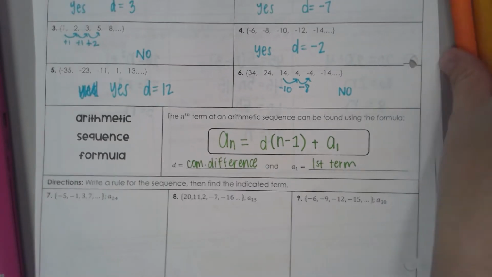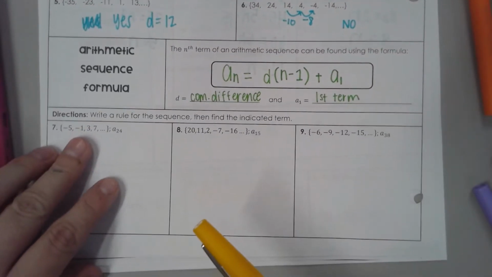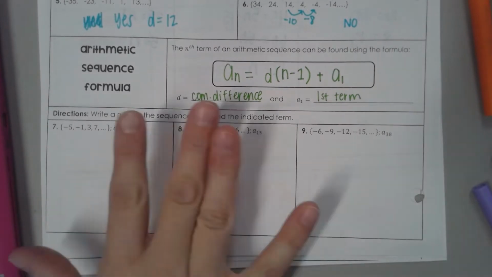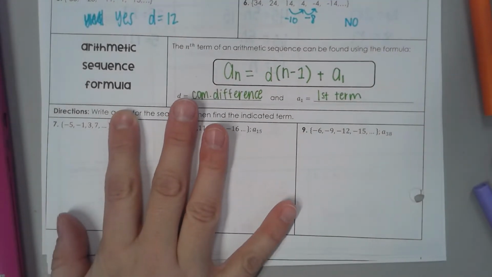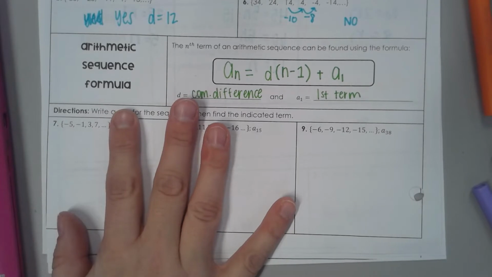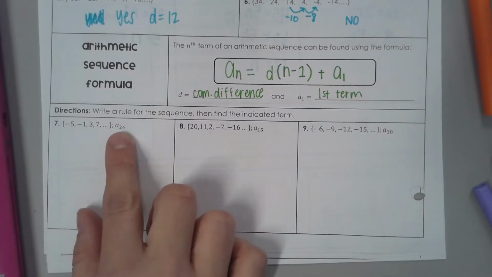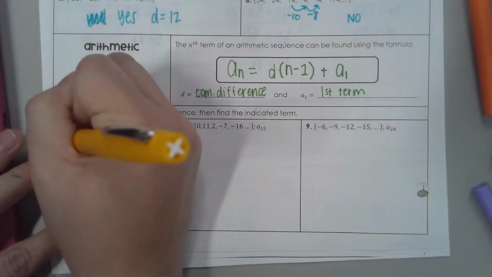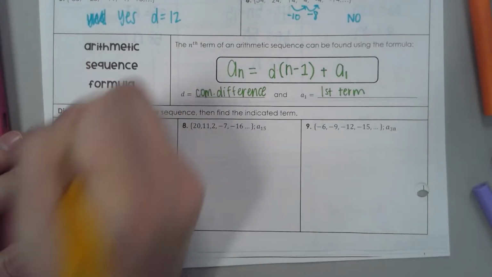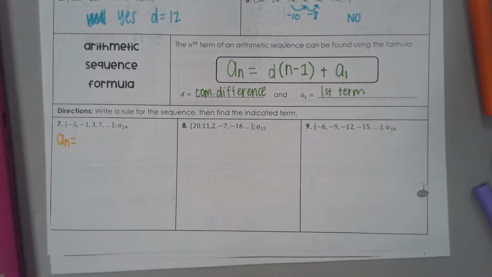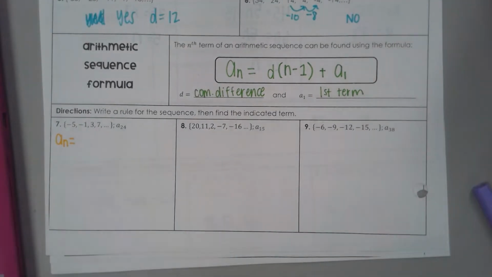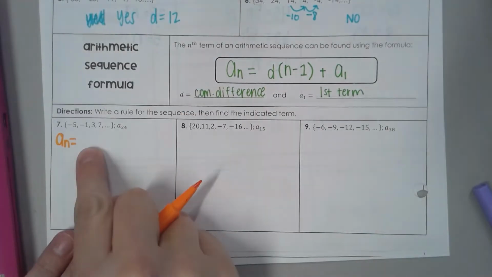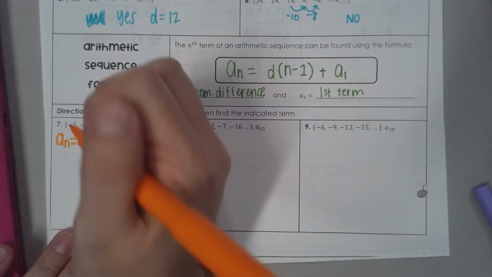So we're going to do two things. We're first going to find the formula and simplify the formula. We're not going to do anything with the 24 first. We're going to get that formula down, and then we're going to plug in a 24 to that. So let's see. a_n equals, what's my common difference? 4.